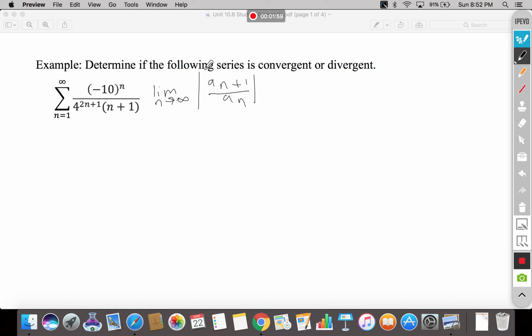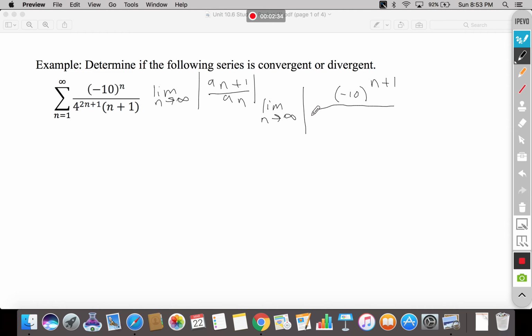Let's deal with the more complicated part of this. Let's plug in n plus 1 for everything. So what do we really want? We want the limit as n approaches infinity of the absolute value of negative 10 to the n plus 1. Notice I took this over here and I plugged in n plus 1 over all of this stuff with n plus 1 plugged in, which starts to look really funny because we have 4 to the 2n plus 1.